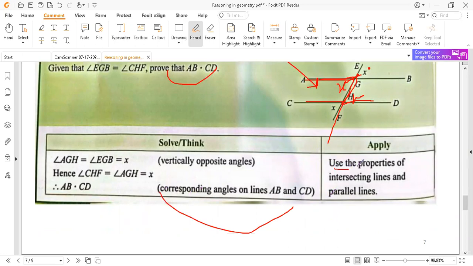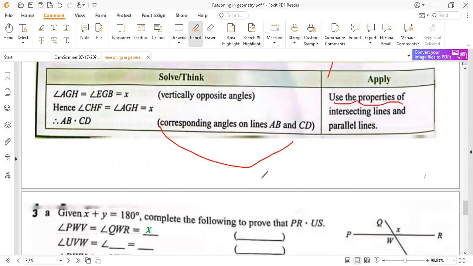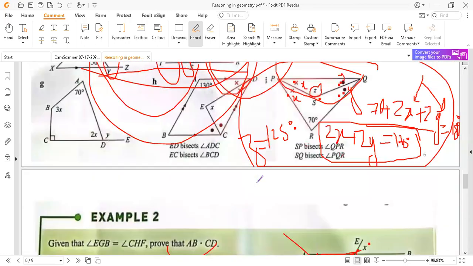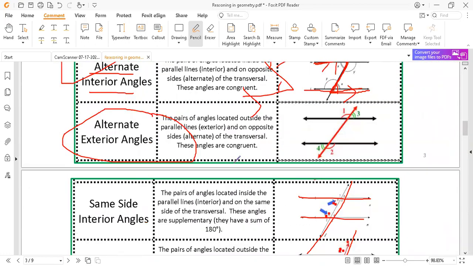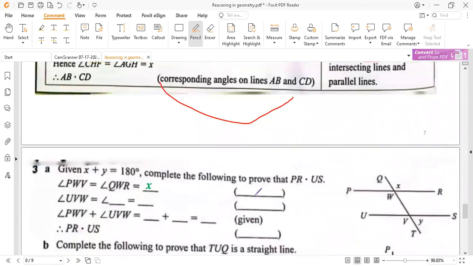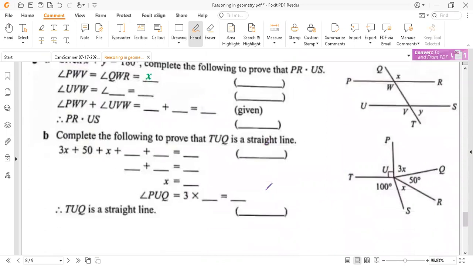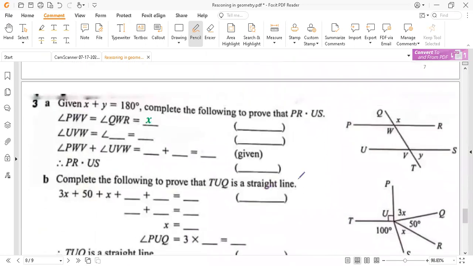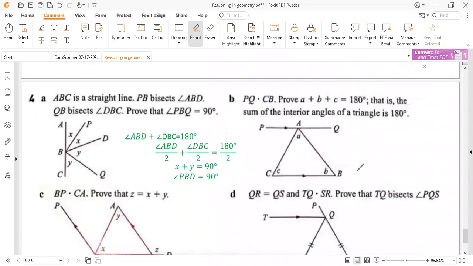So we can use any property that we already reviewed to find out if we are talking about parallelism or another thing. You can also analyze these exercises by yourself, and this one is also easy.